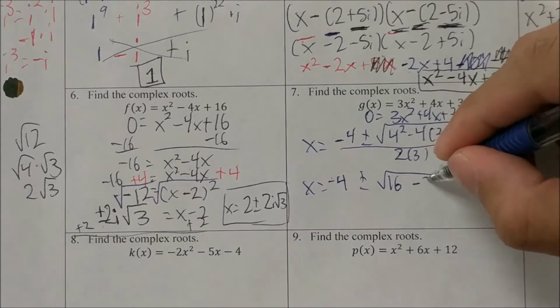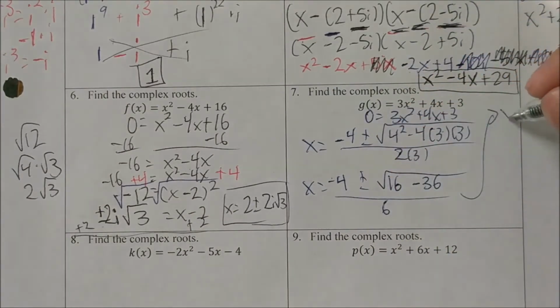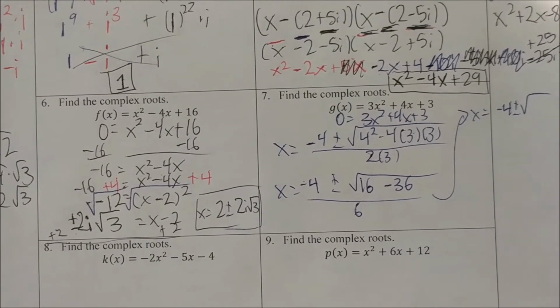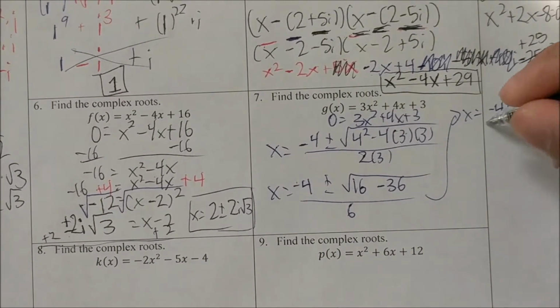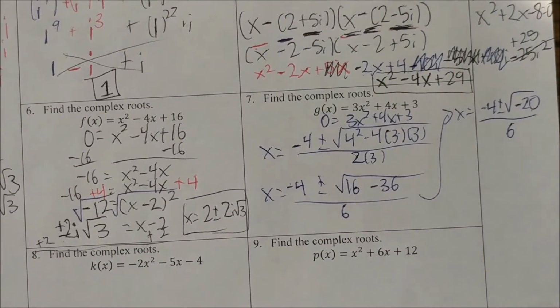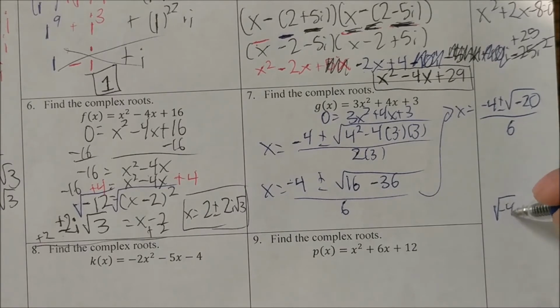Times 3 is negative 36. 16 minus 36 is negative 20. Okay, so negative 20 can be split up into negative 4 times positive 5, and square root of negative 4 is 2i.